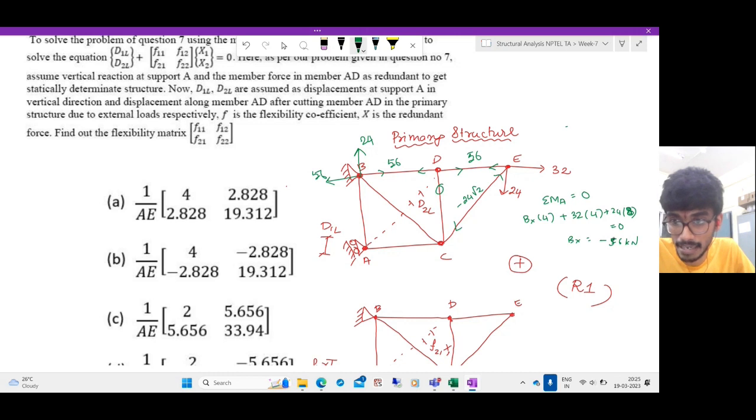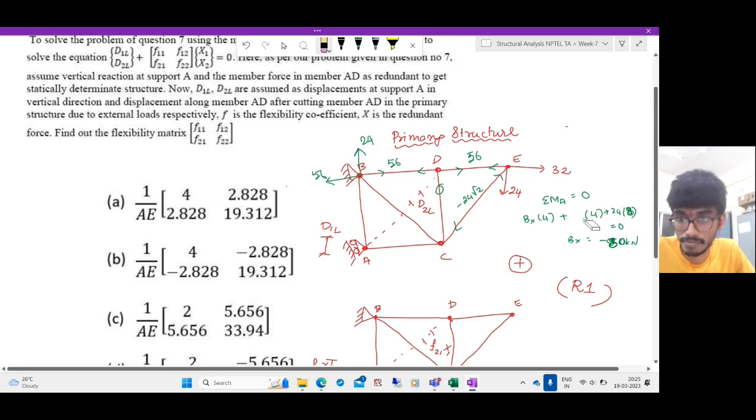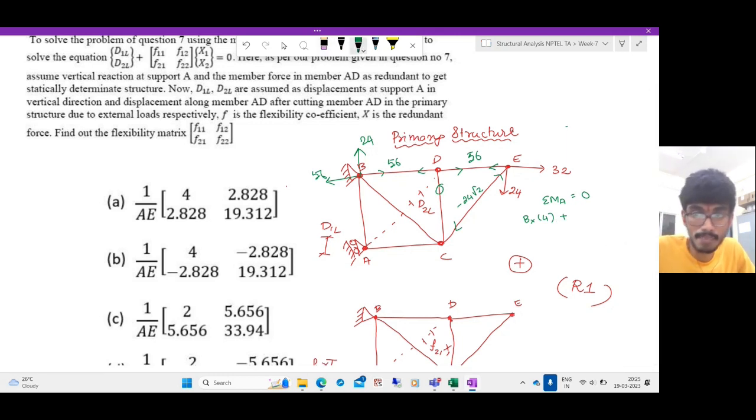Dx is minus 80 kilonewtons. So Bx acting at 4 plus 32 acting at 4 plus 24 acting at 8 equal to 0.